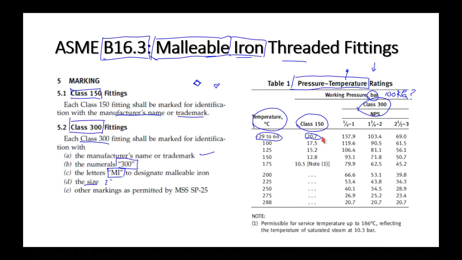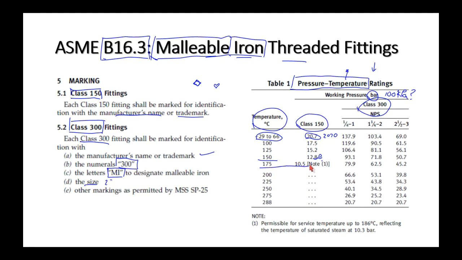So you can say that that's 2.07 megapascals. To put this into kilopascals, we just multiply by 100. So what we find is, even though it's 2070 kPa up to 66 degrees Celsius, when you get to 150 degrees Celsius it's only good for 1280 kPa.